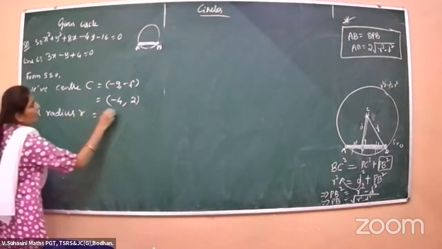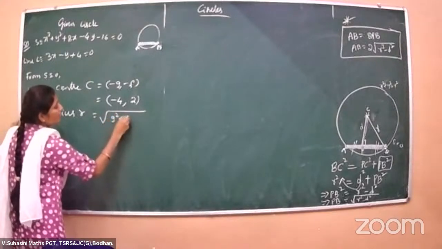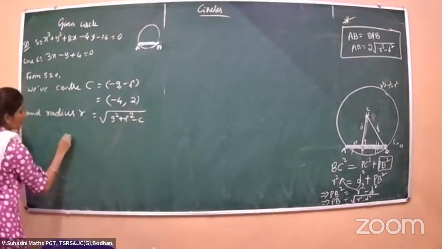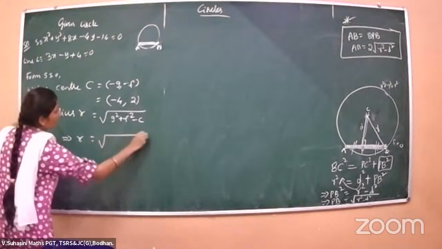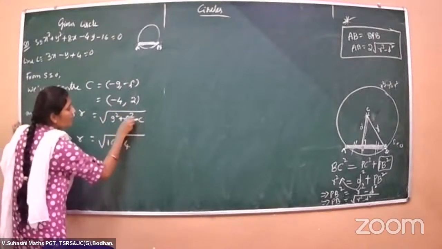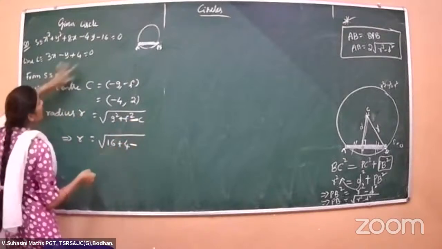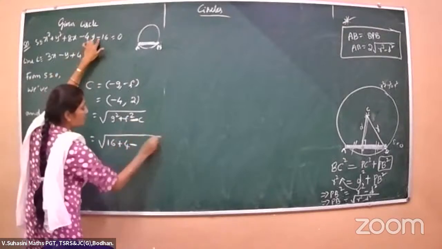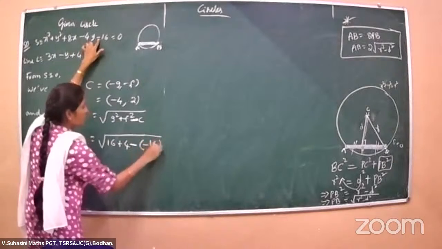R is equal to formula under root g square plus f square minus c. Implies r is equal to under root g square 16, f square 2 square 4, and in c also we have minus, so it is minus 16.